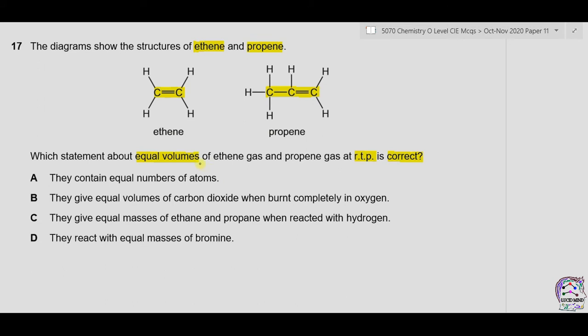Now for equal volumes of gases, we can say that equal volumes means equal number of moles. When number of moles are equal, then the number of molecules are also the same. Now in ethene we can see that there are 2 carbon atoms and 4 hydrogen atoms, so in total there are 6 atoms in one molecule of ethene.